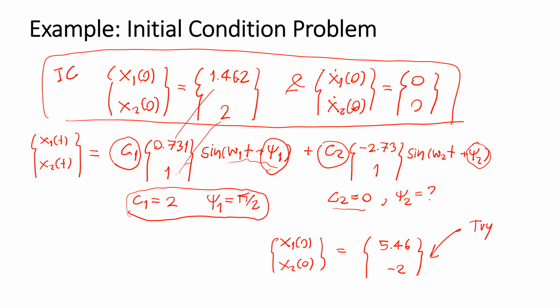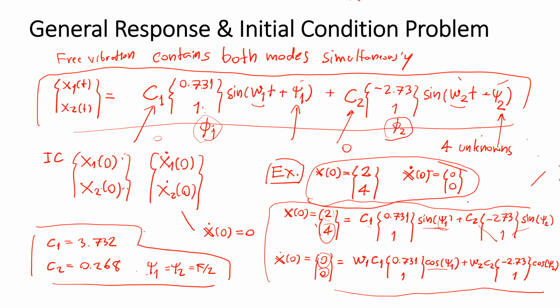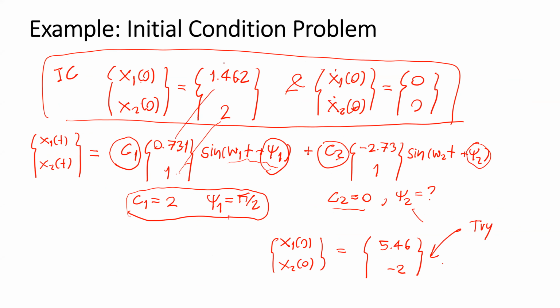How can we get C1, C2, and the phase that correspond to this initial condition? So the direct method to solve the equation is useful if the initial condition is different from the magnitude relationship. But in some cases, if we exactly move the mass to the magnitude that corresponds to the amplitude ratio, it's easy to obtain C1 and C2 by just considering the equation.